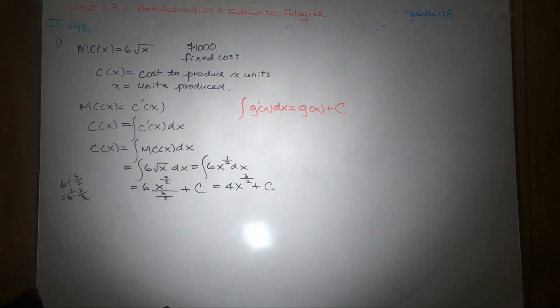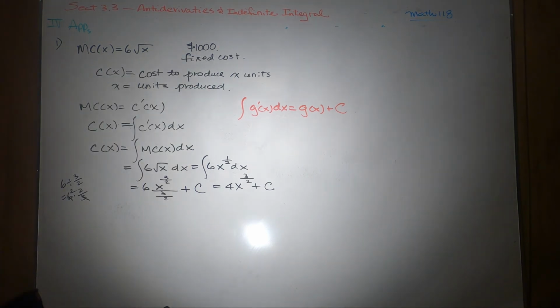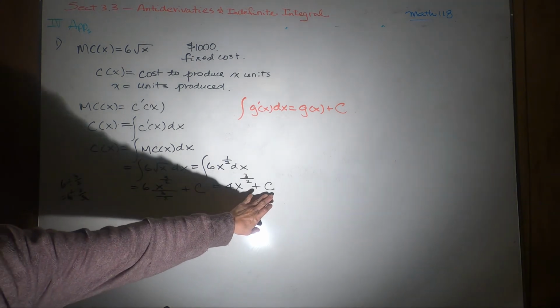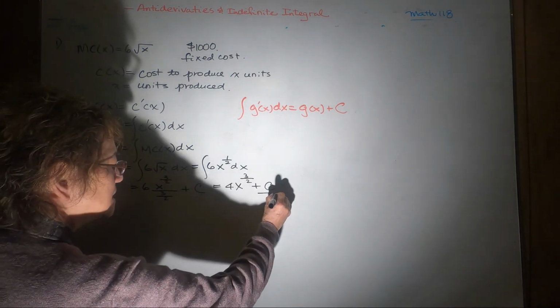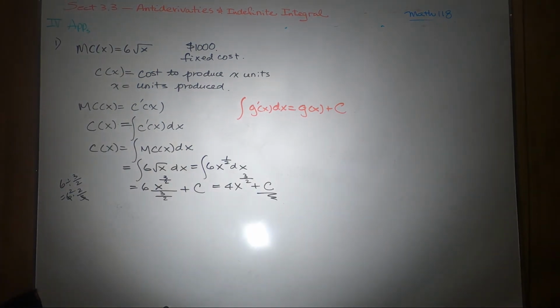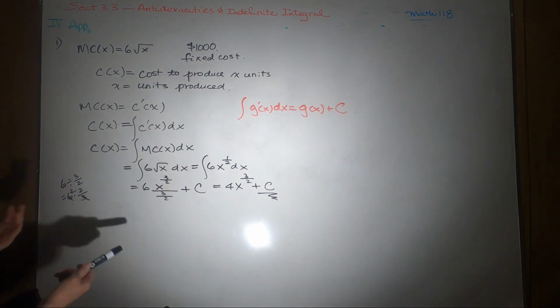Also, we got a piece of information: $1,000 for the fixed cost. What does that mean? We want to find the cost function, but you have an arbitrary constant. You have to find this number. So how do we use 1,000 in this situation?